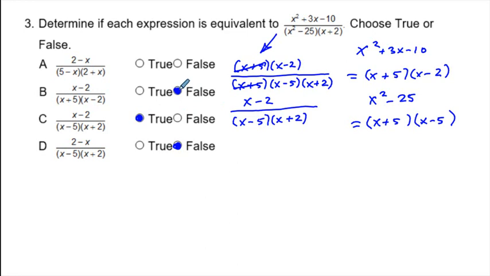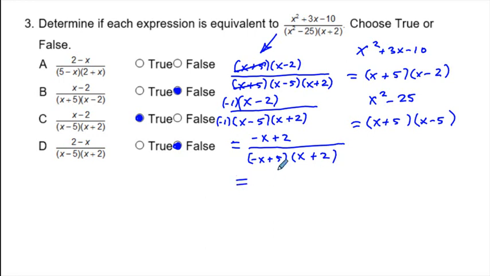And the last thing we have to consider is A. And for A, if we multiply both our numerator and our denominator by negative 1, we get negative x plus 2 in the numerator over quantity negative x plus 5 times quantity x plus 2.